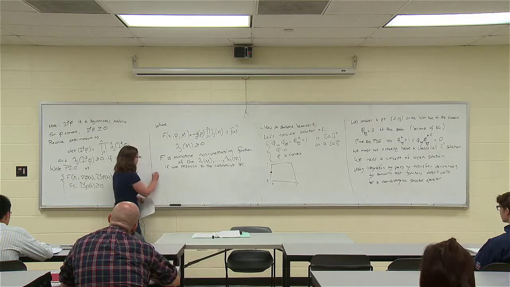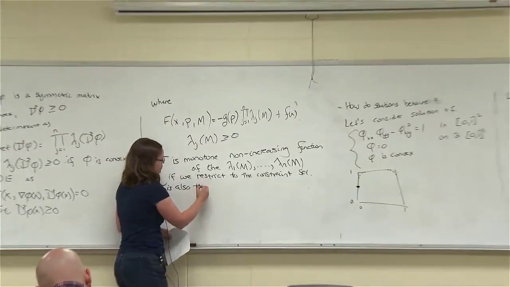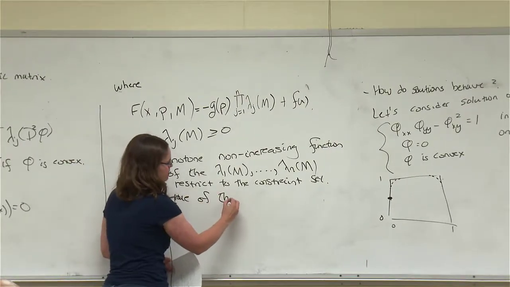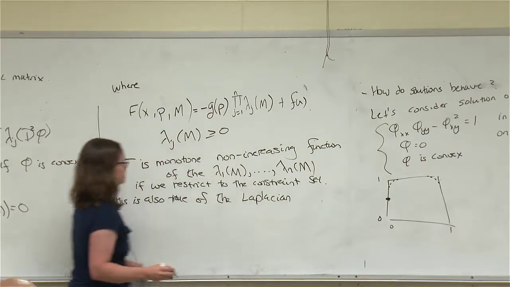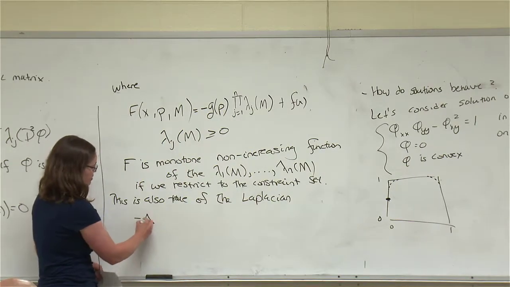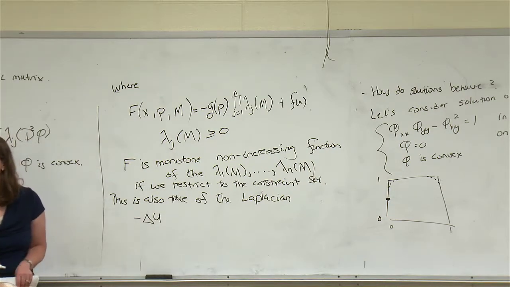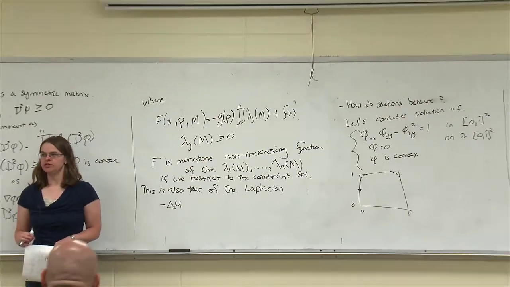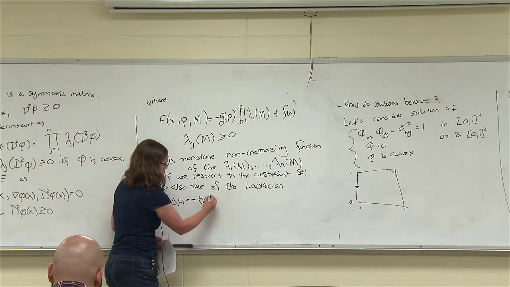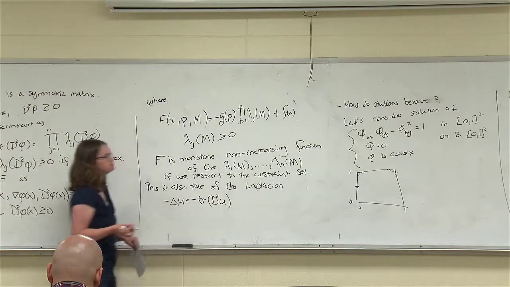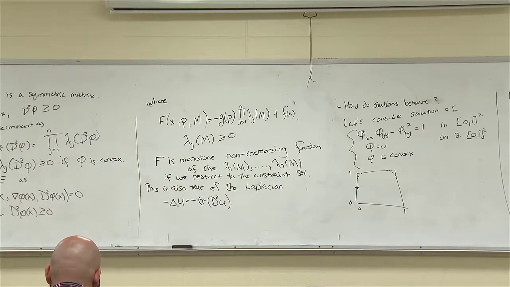So we can say this is also true of the Laplacian. If I write minus the Laplacian of u, say, the Laplacian is the trace of the Hessian. The trace is nothing but the sum of the eigenvalues.